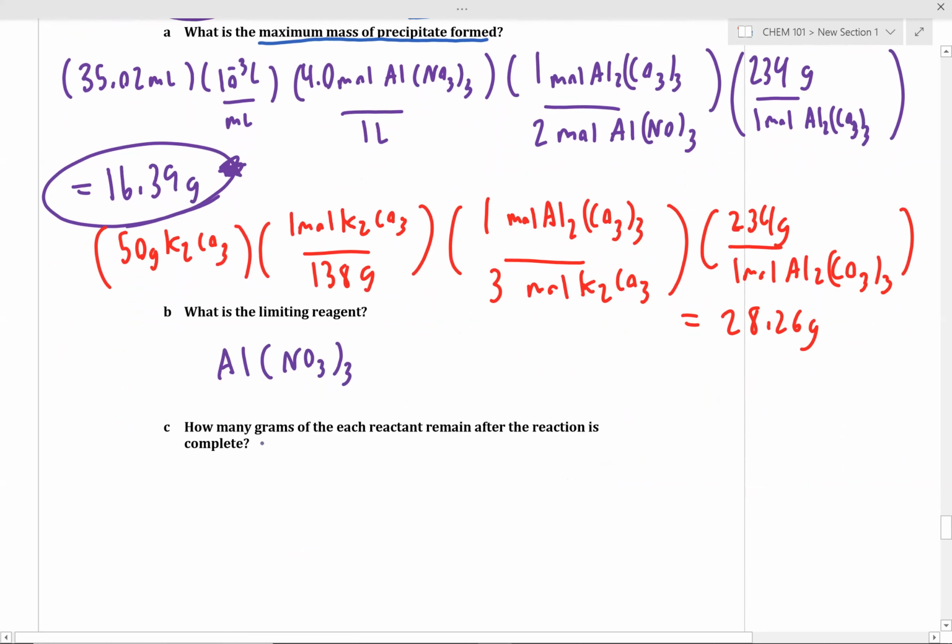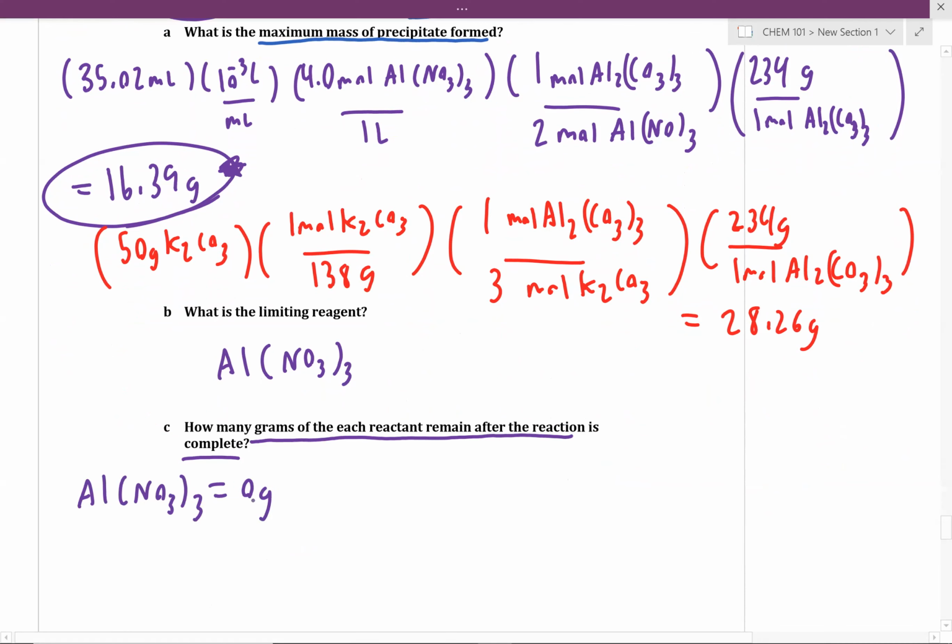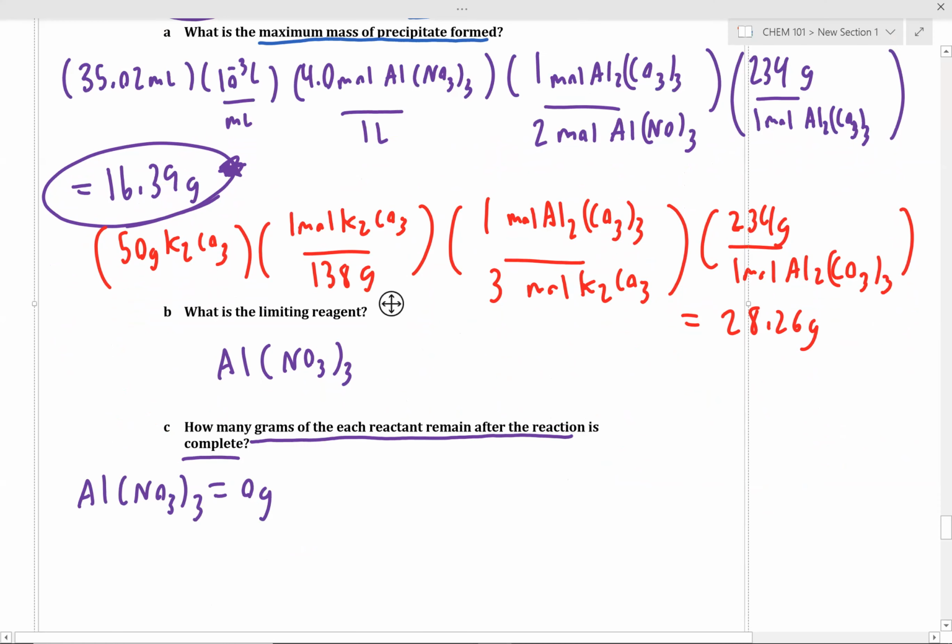We're next asked to calculate the grams of each reactant that remains after the reaction is complete. Now our limiting reactant, our aluminum nitrate, is completely consumed. So we'll have 0 grams remaining. To calculate the grams of potassium carbonate remaining, we're going to take our initial grams, which are 50, minus the grams of species that react.